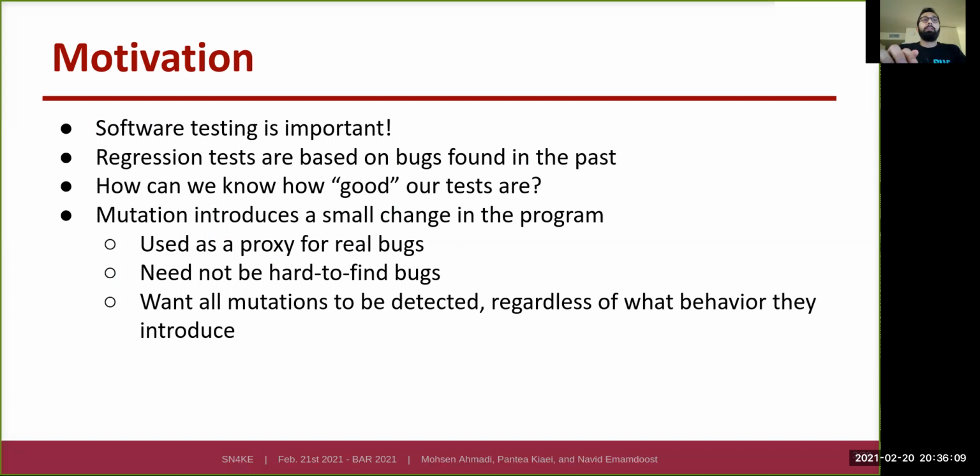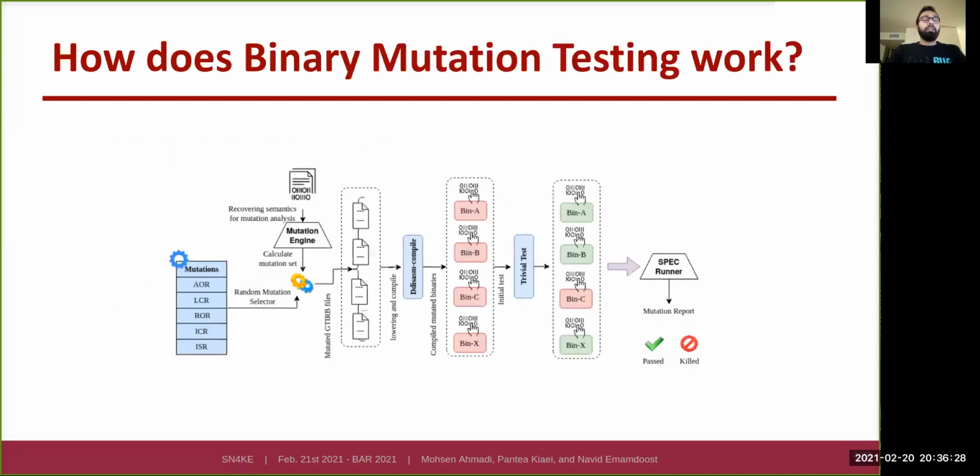Mutation testing introduces a small change in the program. That change acts like a proxy for a real bug. And we test if the test suite can distinguish between the original binary and the mutated one.